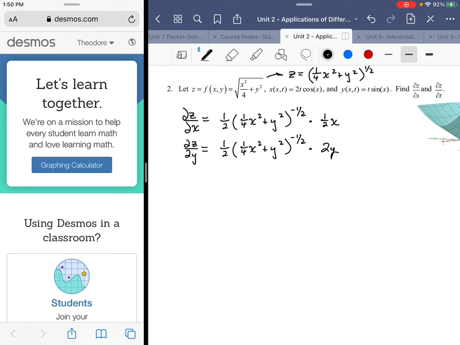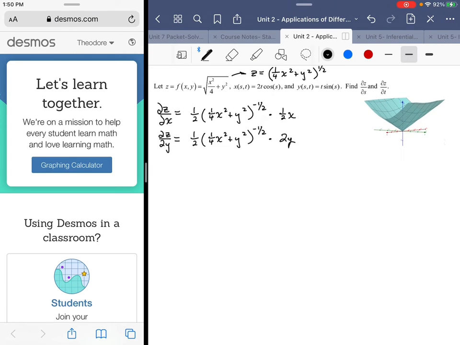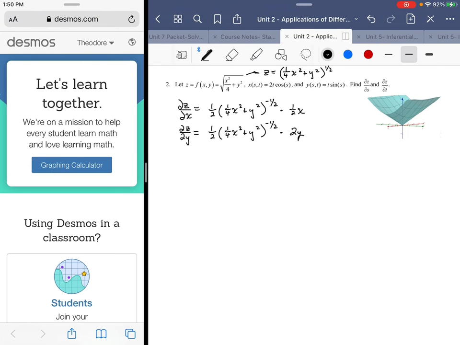All right. Now, for the sake of organization, you may want to make a tree diagram, just so you can see how this flows. We're starting off with z, and we're breaking that into partials with respect to x and y, and then we're still dealing with multivariable functions.